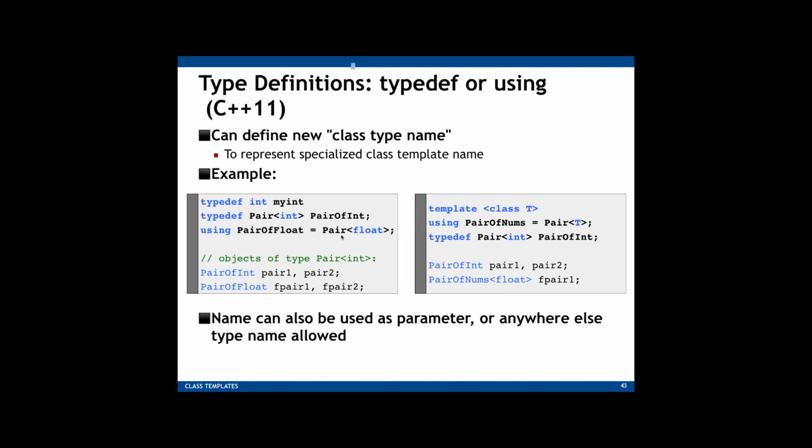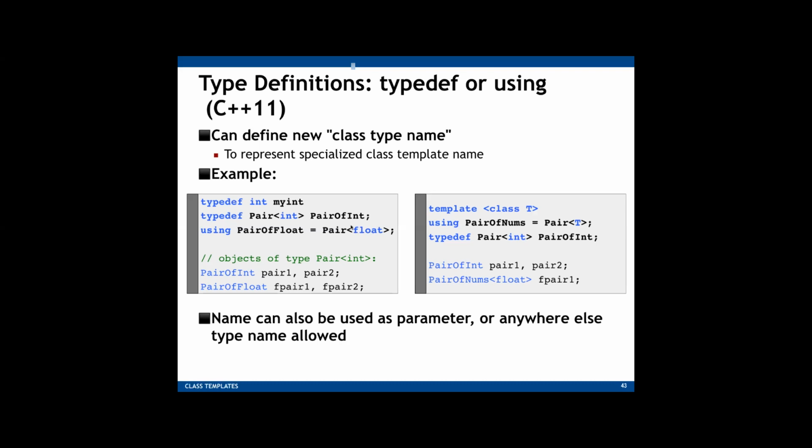So it's like you're assigning an original type to a new type name of variable. The effect of using is the same as typedef. So after this line, you can use pair of float to represent this type.